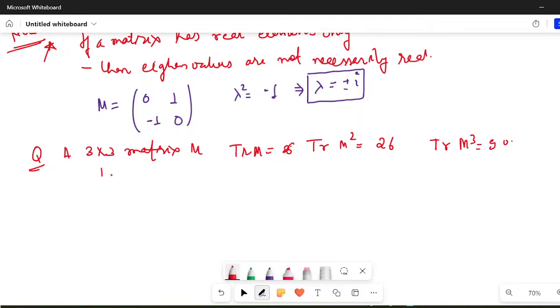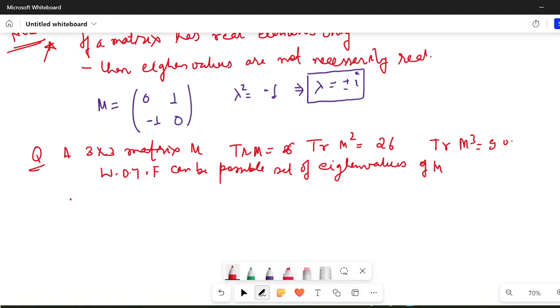Which of the following can be a possible set of eigenvalues of M?